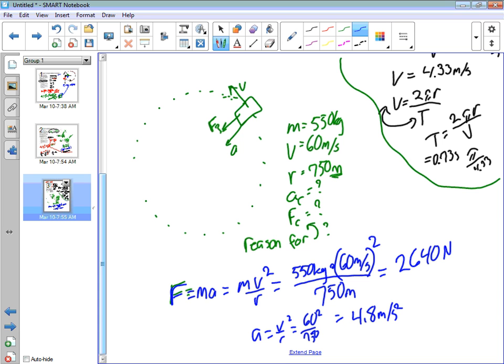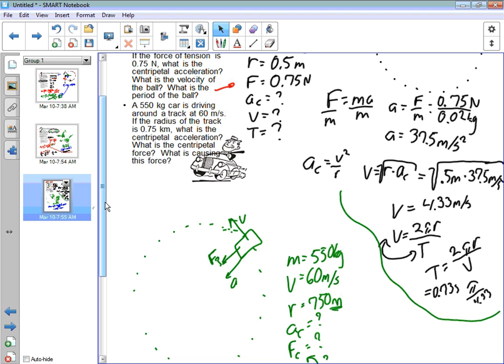And then the final question was, what is the reason? What is causing this force? I have this image here. This force is going inwards, but maybe you can't really tell. This is supposed to be F sub question mark, as in what is the reason for that force. And here's my acceleration.